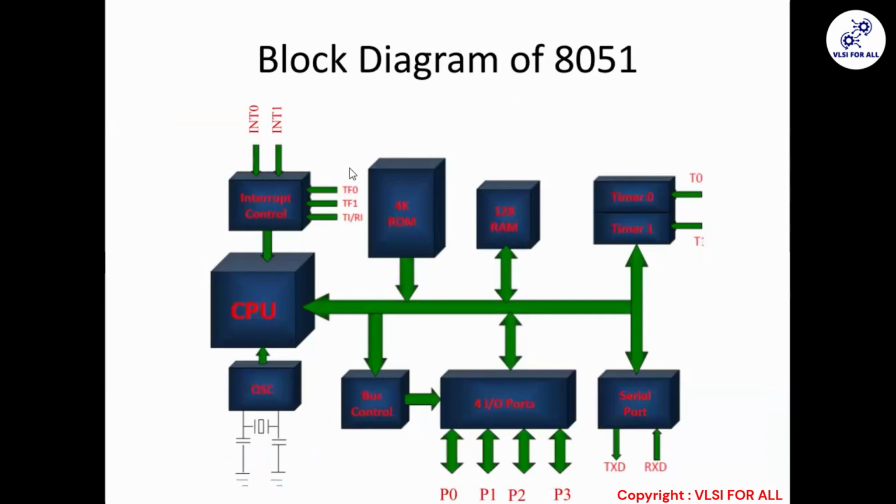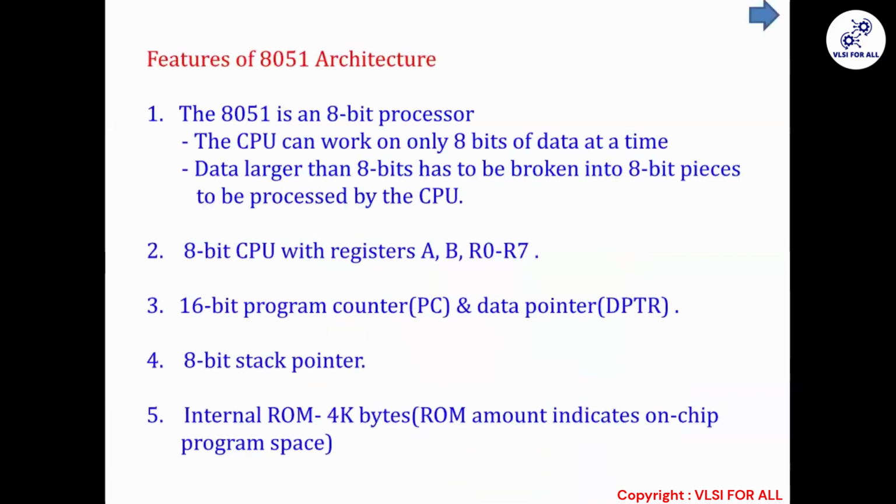And all the things have internal connectivity of buses. Is it okay? May I go to the next slide? I think I answered the question about what is on chip and off chip.